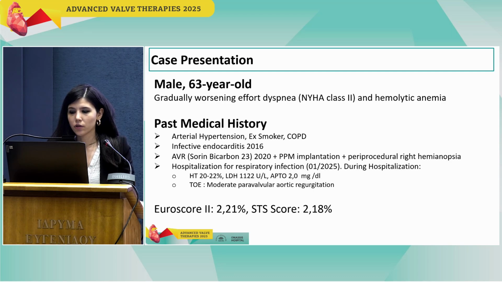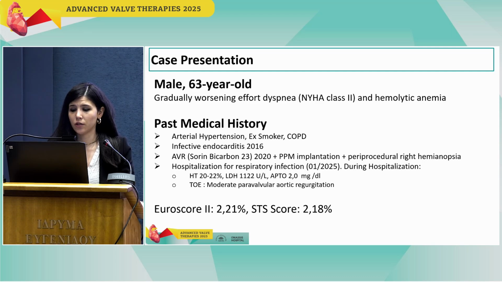His medical history includes arterial hypertension, COPD, and an episode of infective endocarditis in 2016, leading to the need of surgical aortic valve replacement 4 years later in 2020 with a 23 millimeters Sorin bicarbon mechanical prosthesis. Immediately post-operatively, he required the replacement of a pacemaker due to conduction abnormalities.